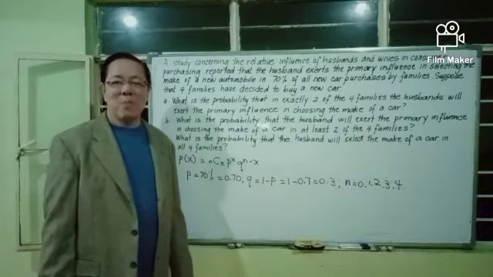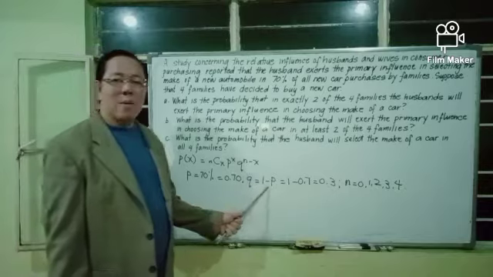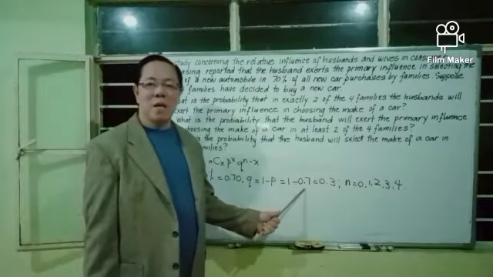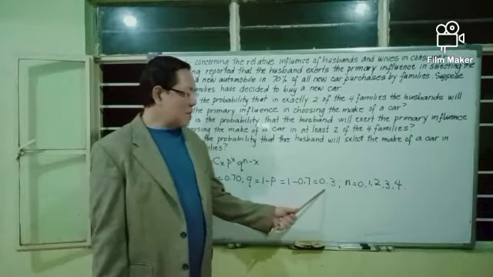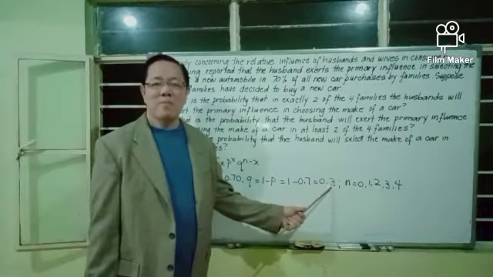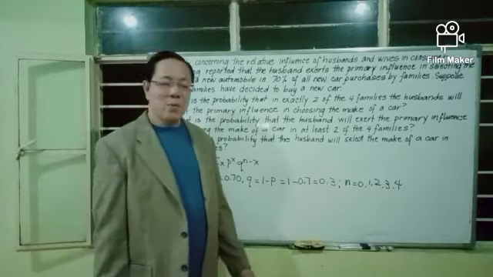And that's one of the properties of a binomial experiment. Hence, Q is equal to 1 minus P, where P is 0.7 subtracted from 1, we get 0.3. This is the probability that the husband will not decide on the make or brand of new car to purchase for the family.